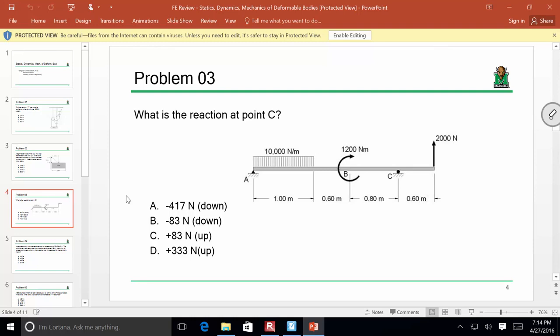Doing what? Summing moments where? There you go. Sum moments at A, because think about it in terms of unknowns. You've got two unknowns here, one unknown there, so sum moments here to determine that reaction. Make sense? All right.